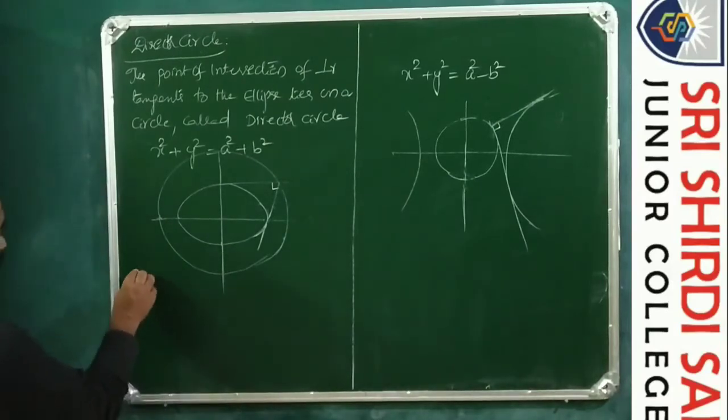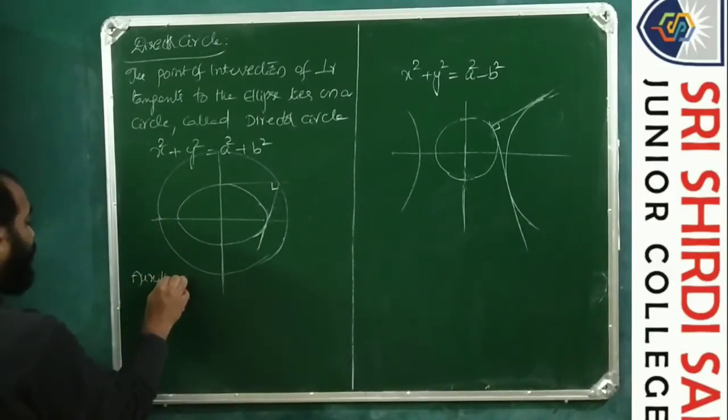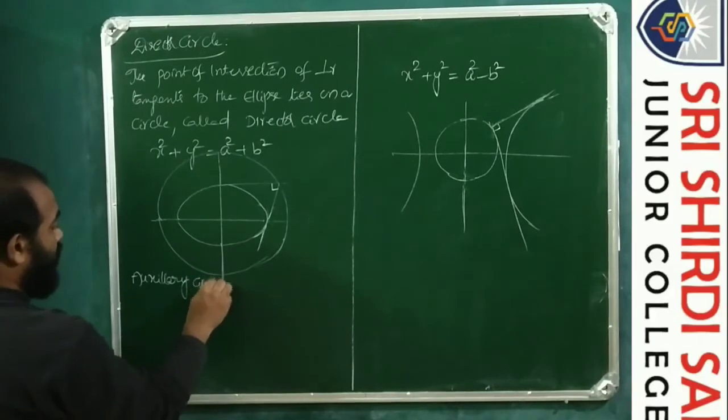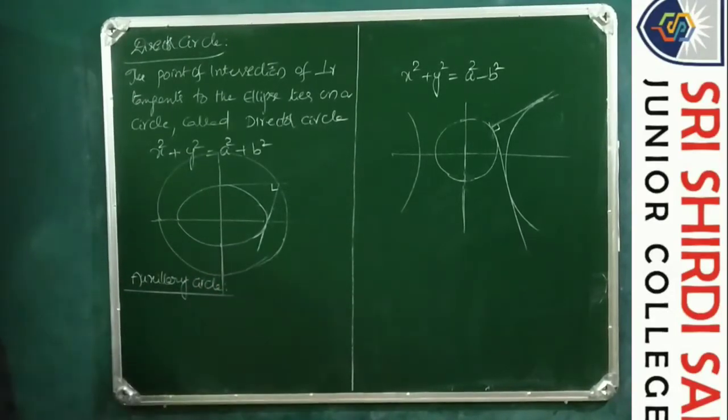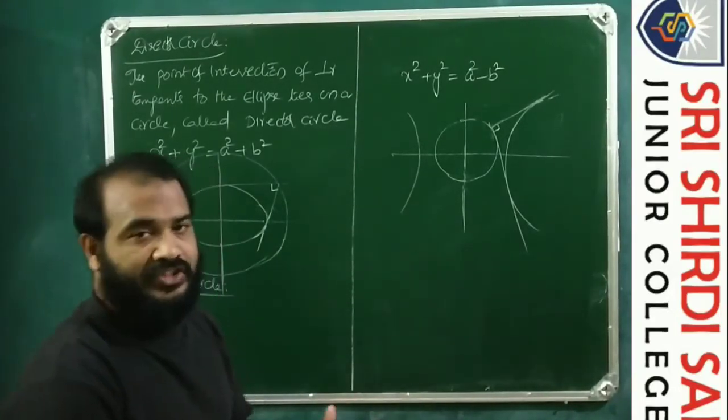And the auxiliary circle. The auxiliary circle has two definitions.